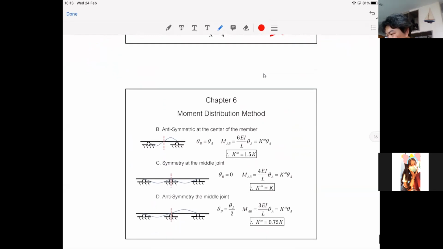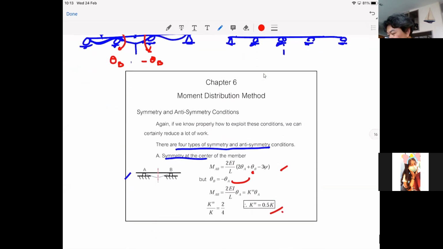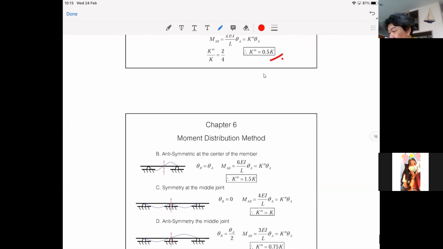Anti-symmetric at the center of the member. So it is this one. Let me draw it again here. Like this, so this one perhaps will go down, but this one will go up.